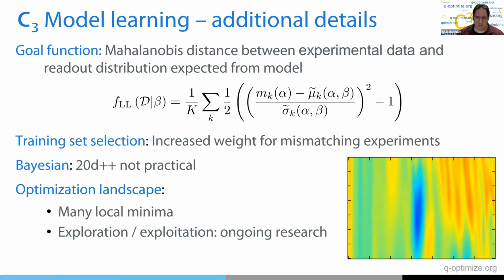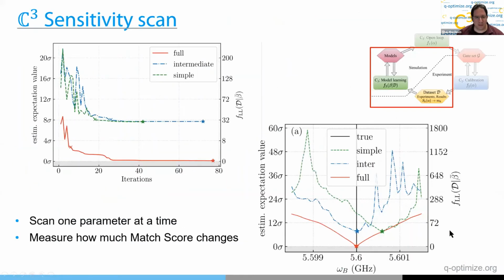You start with an exploration step with something like CMA-ES. You then continue with L-BFGS once you're in the nice little valley and things progress. Now, one thing we can do here is this sensitivity plot. In this case, it is the frequency of qubit B, and the y-axis is the distance between the simulation and the experiment in terms of sigma.